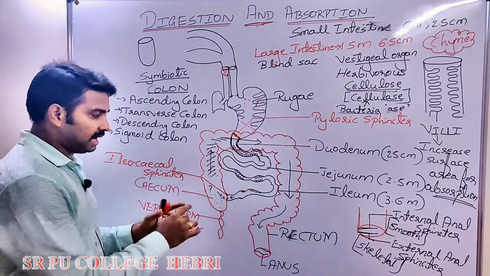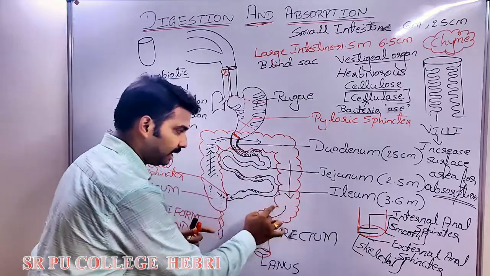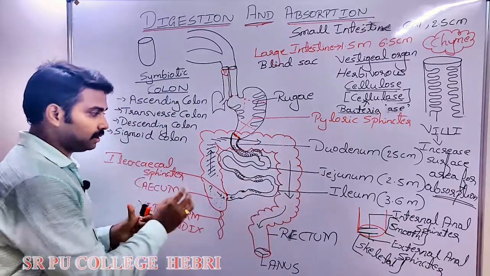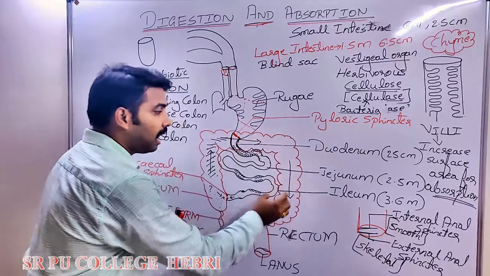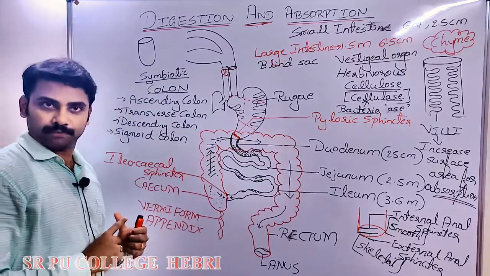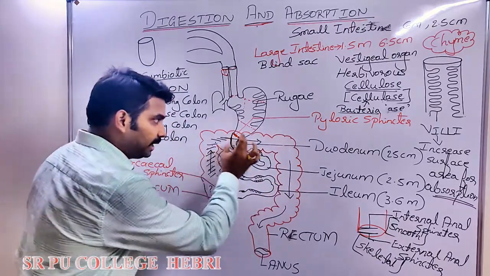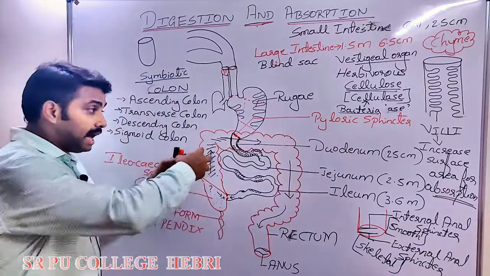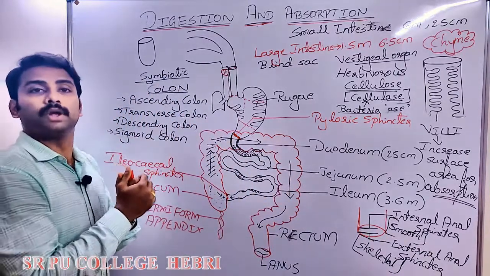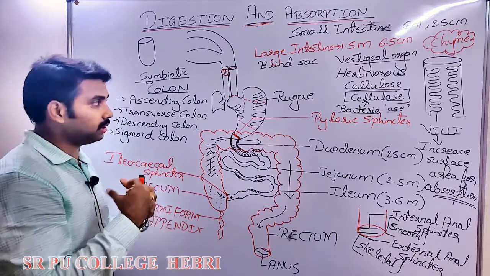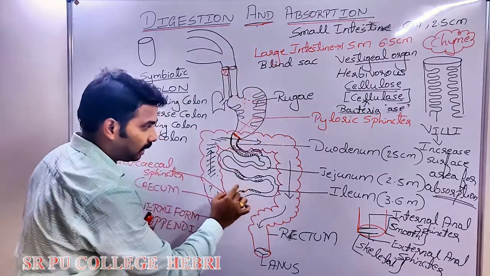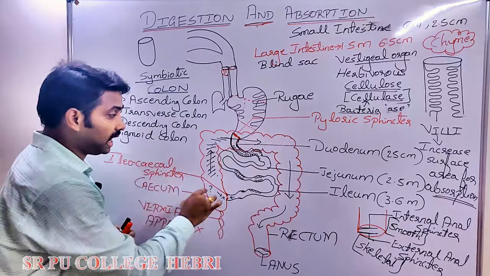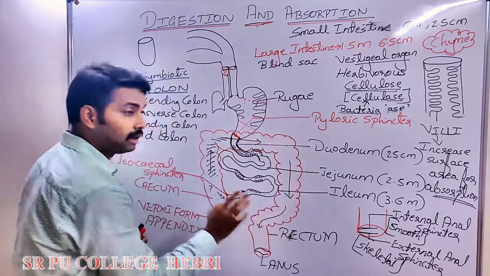So I can say here, large intestine, number 1, it helps in the storage of undigested waste. Number 2, the large intestine helps in absorption of water. The water we consume, in the alimentary canal, maximum water absorption occurs in which one? Large intestine.